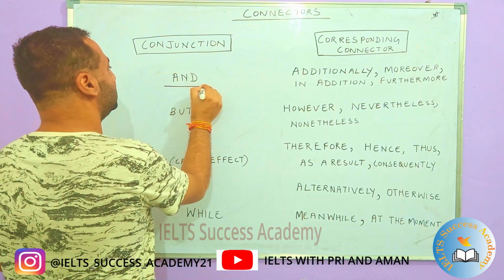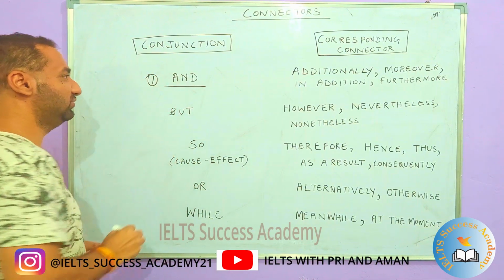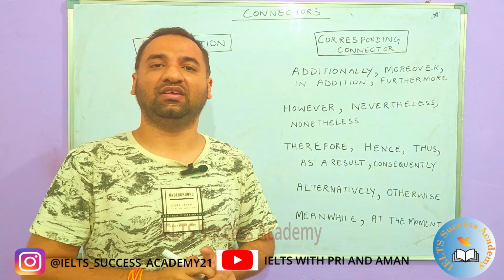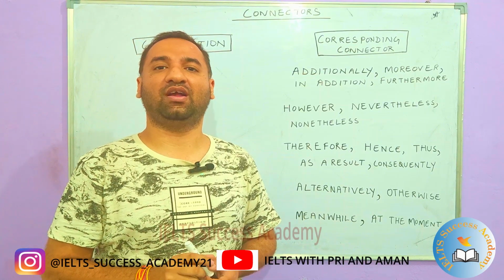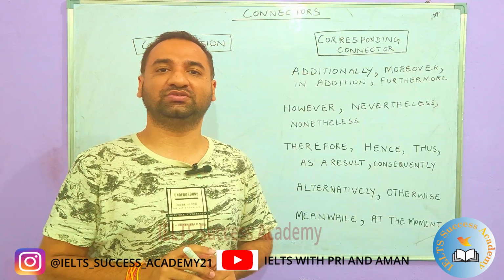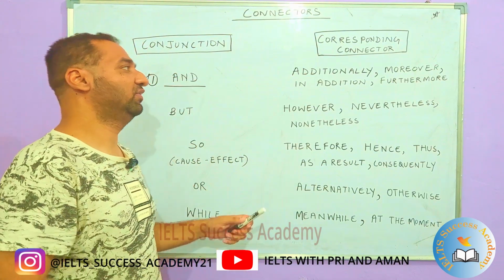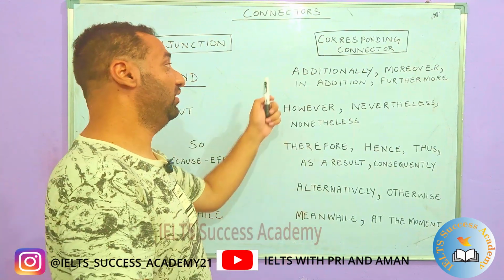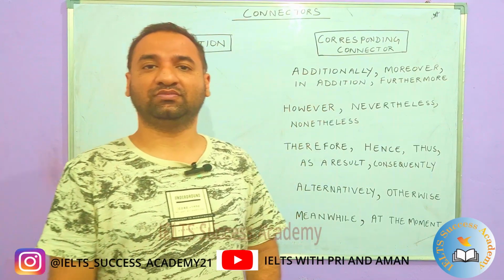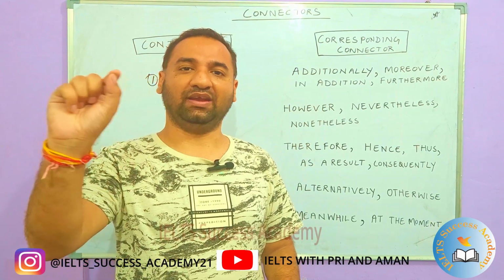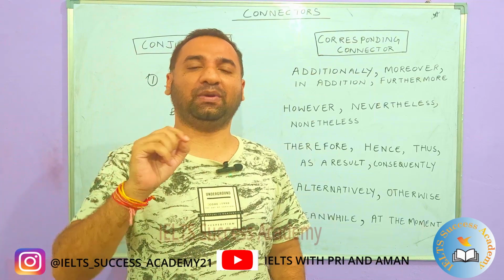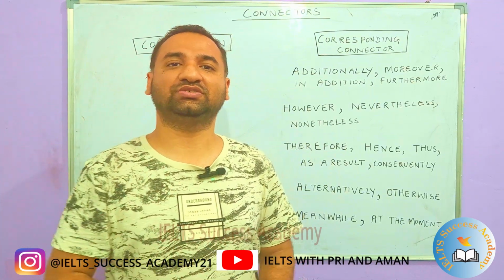So the first conjunction is and. He will go to the mall and buy a watch. This is one statement. He will go to the mall in one paragraph. In the second paragraph, he will buy a watch.